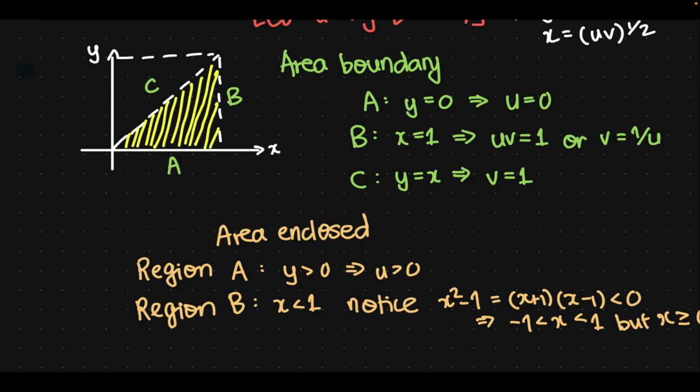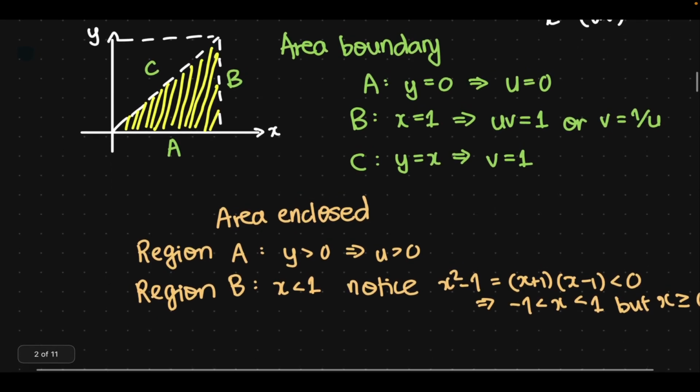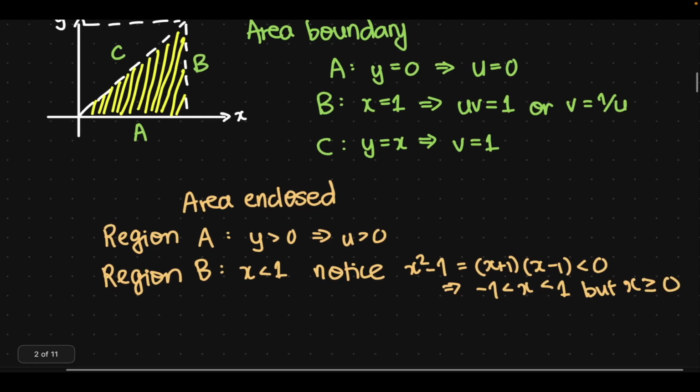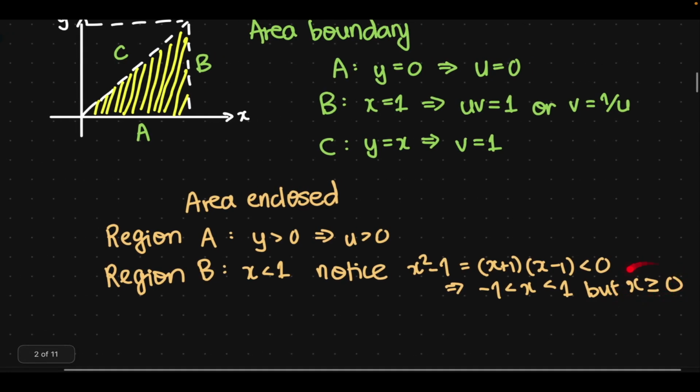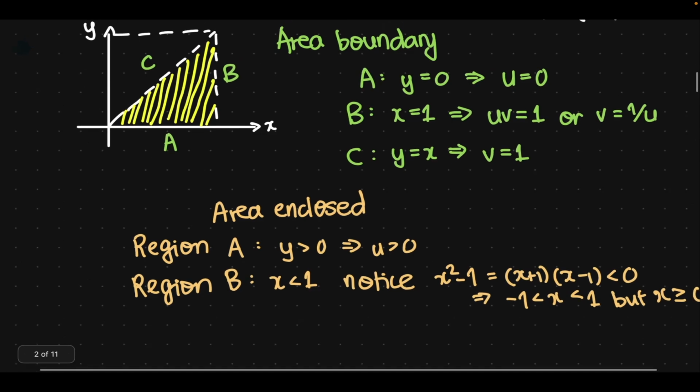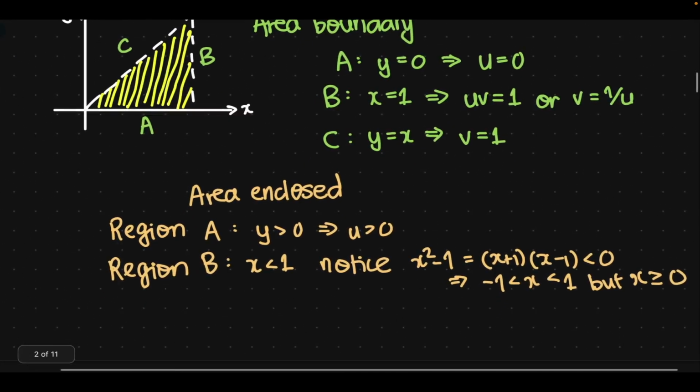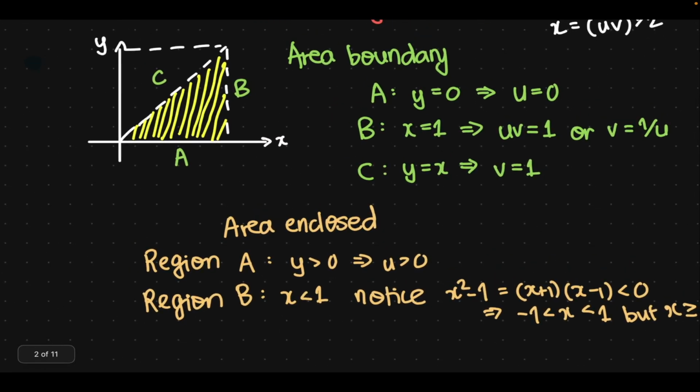Region B, we want x less than 1, because it's behind this x equals 1 line. So notice that x squared minus 1 equals x plus 1 times x minus 1 less than 0. If we have this inequality, this means that minus 1 is less than x is less than 1. But since x is greater than 0 throughout the problem, because we're only in the first quadrant, x is positive.